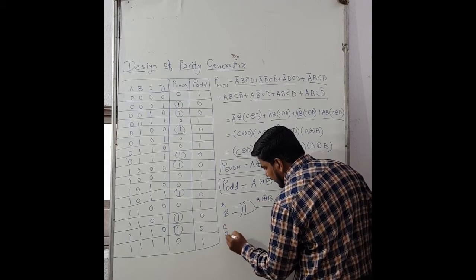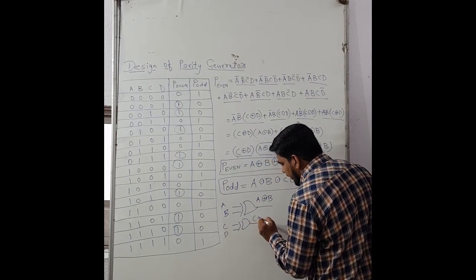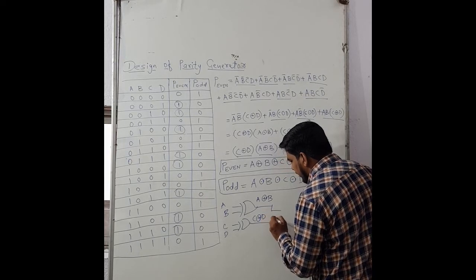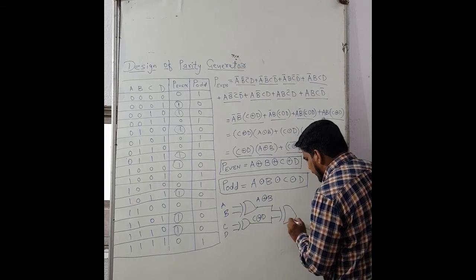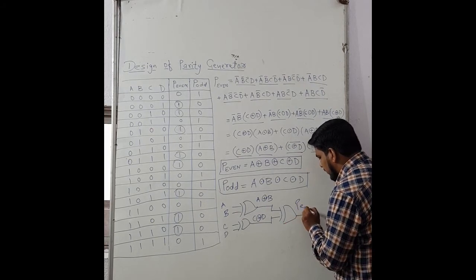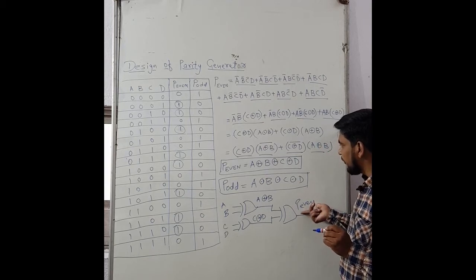C and d are the inputs of an XOR gate, so you are getting c XOR with d here, and here one more XOR gate is applied, so you are getting p of even. In this way you are getting the output of p of even.